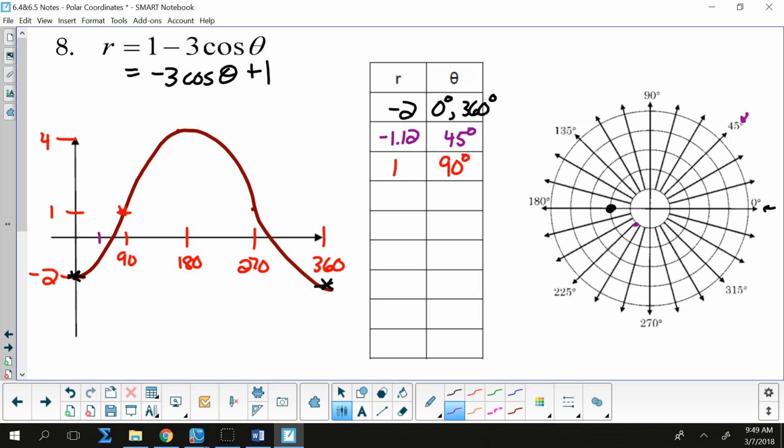Yes? So my function, then at 90 degrees, it's 1. So now here's why I said we're going to do it every 3 points, because we need to follow along where that's going. I started at the black, then I went to the purple, and now I'm going to the red.